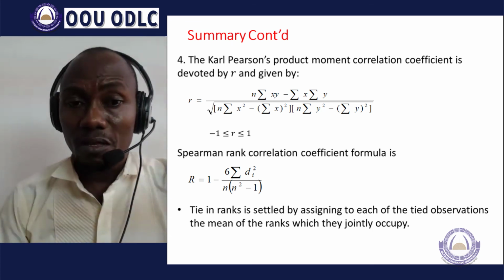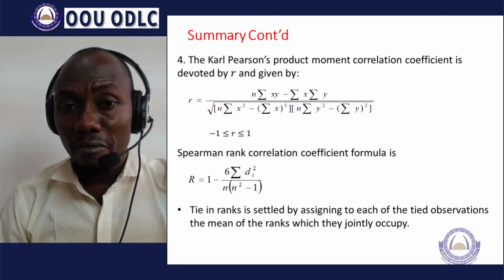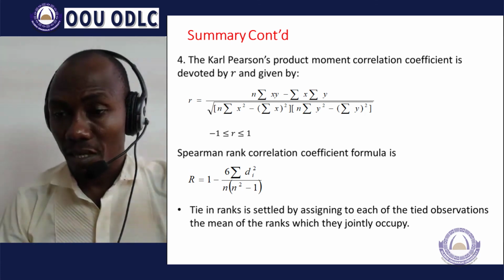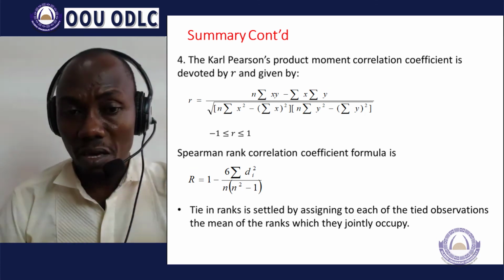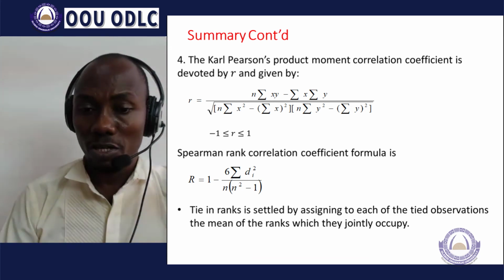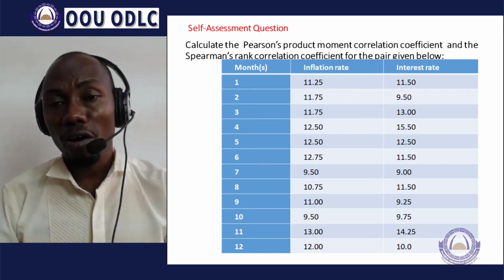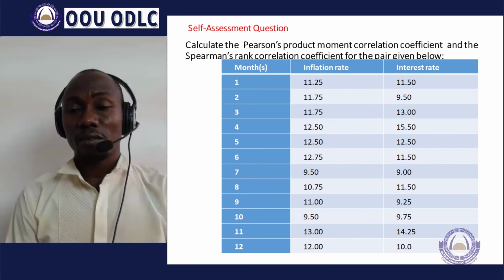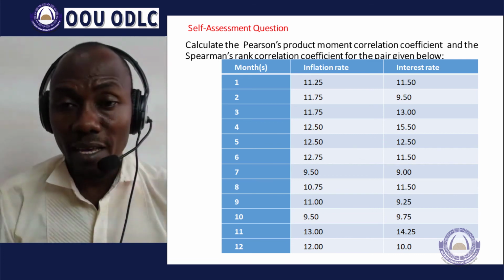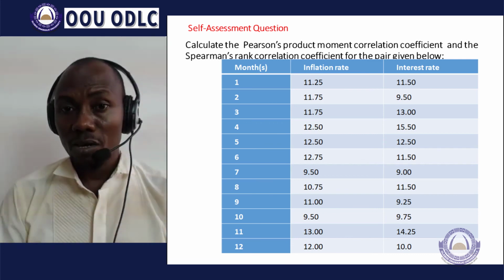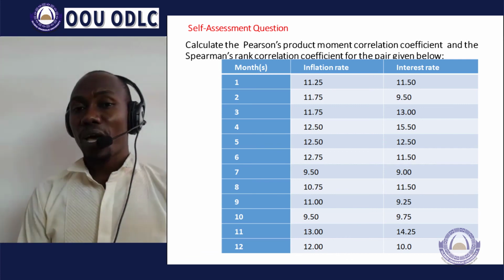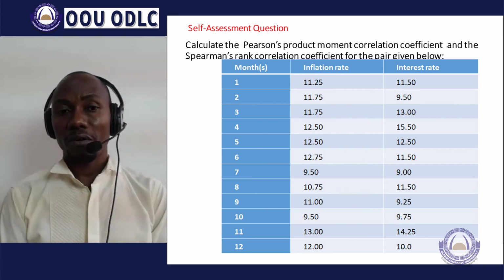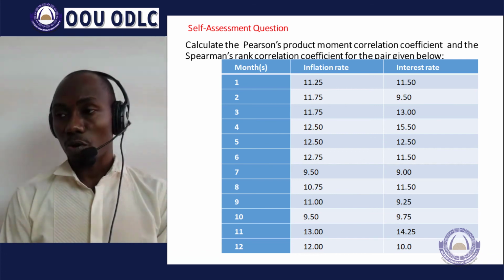I also mentioned the formula for the calculation of Pearson's product moment correlation coefficient and the formula for the computation of Spearman's rank correlation coefficient. For your assessment, you can use the exercise given on the slide to compute Pearson's product moment correlation coefficient and also the Spearman's rank correlation coefficient.